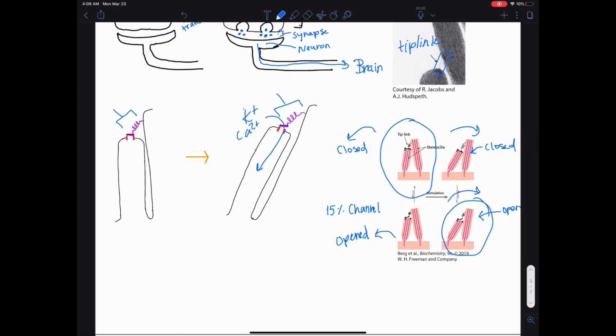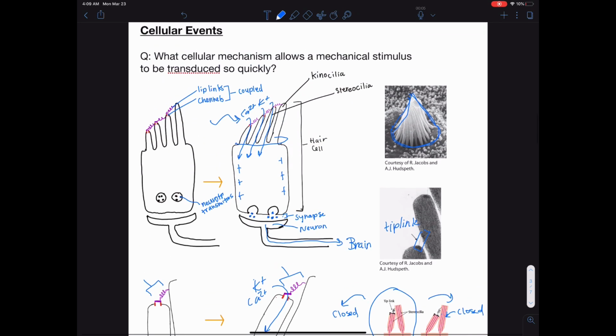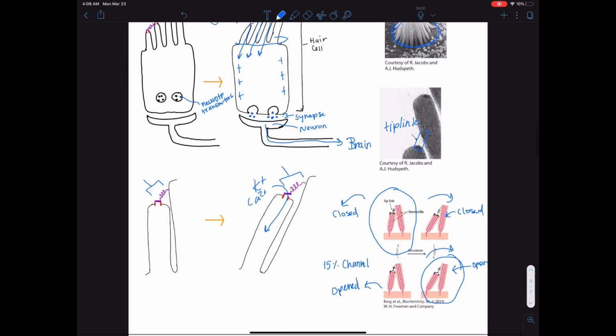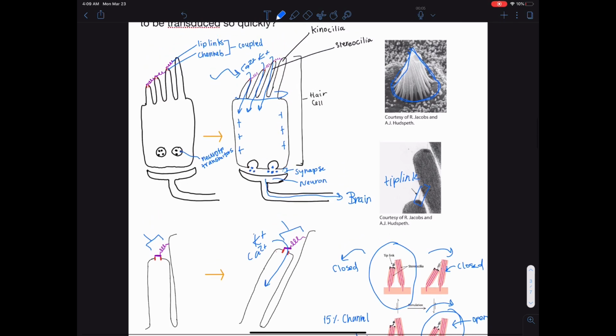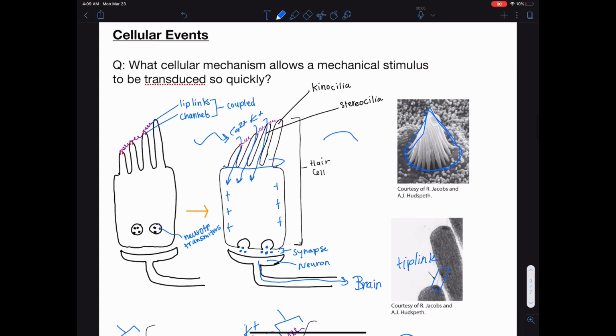The other important point that I haven't mentioned yet is that when the stereocilia bend towards the highest part, it's depolarized.